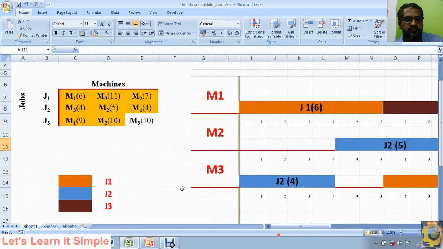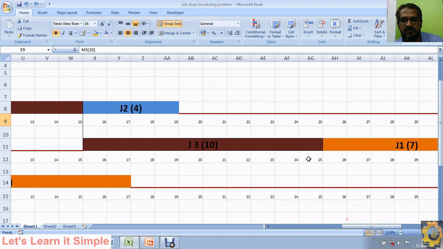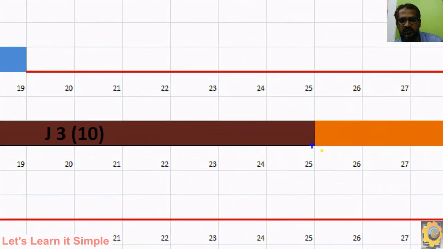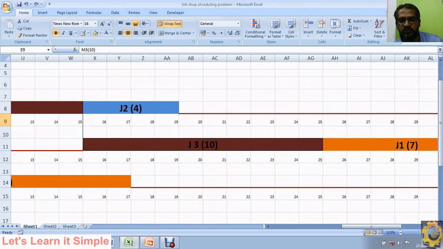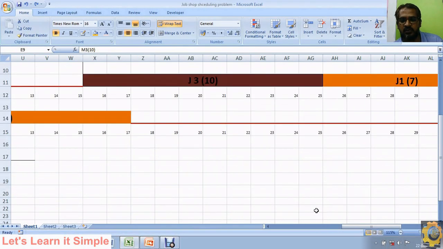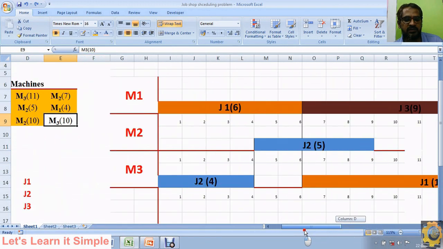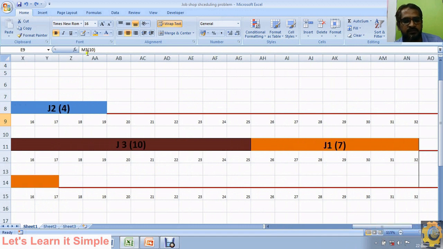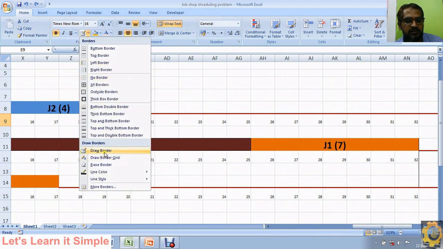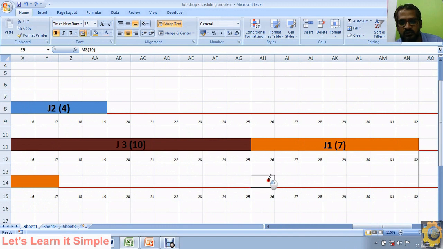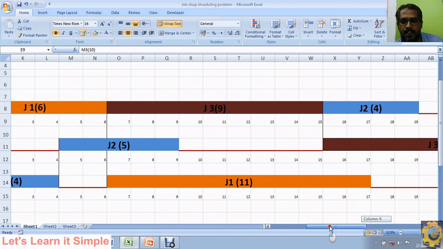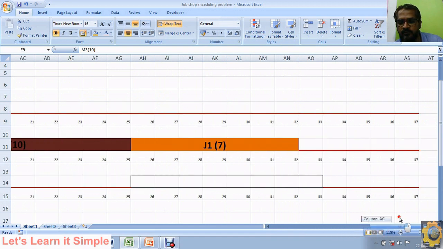Now job 3 on M3. So where is job 3? Job 3 is ready here. Now it has to go to M3 at the 25th time unit. So it is taking a processing time of 10 for job 3. So here, I can draw table border. I can start from here. So 25 plus 10, this is 55.